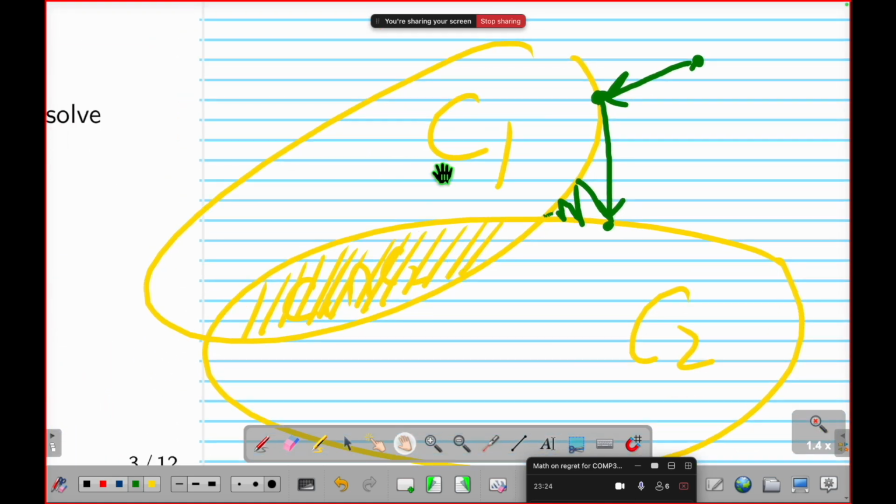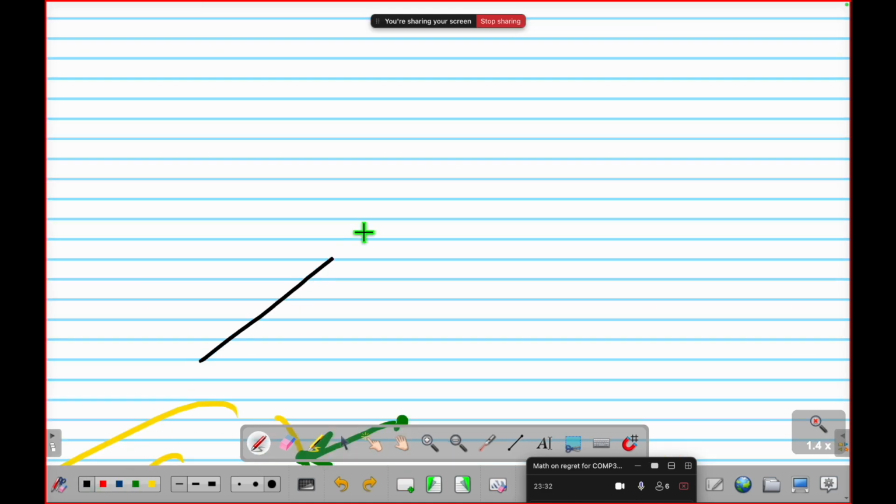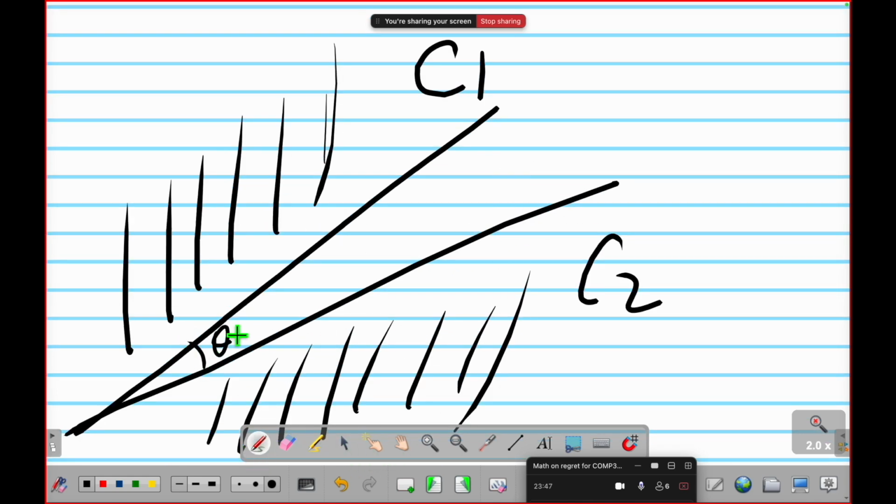In the end, it will be related to the angle between C1 and C2. Think about this: if my C1 is this region, and my C2 is this region, and I have a very small angle here. Von Neumann proved the following. I have a point here, and I want to go into the intersection between C1 and C2.